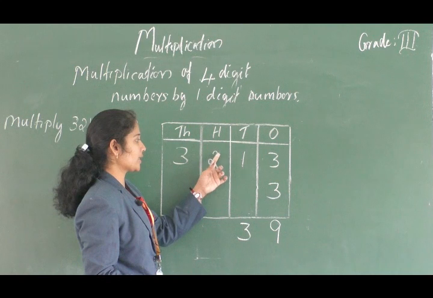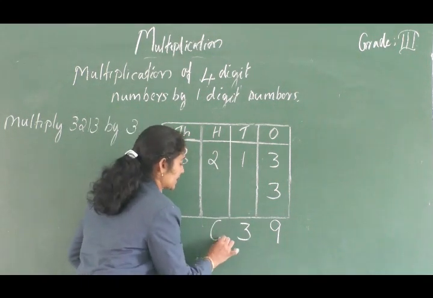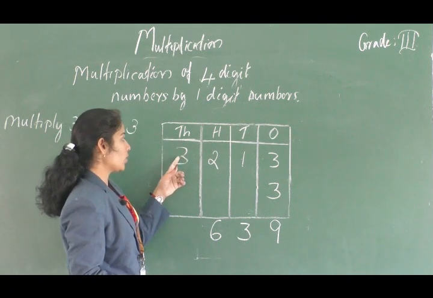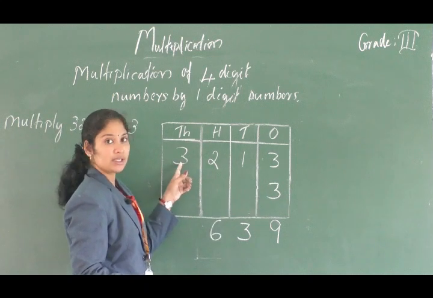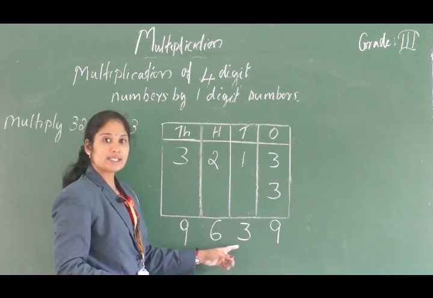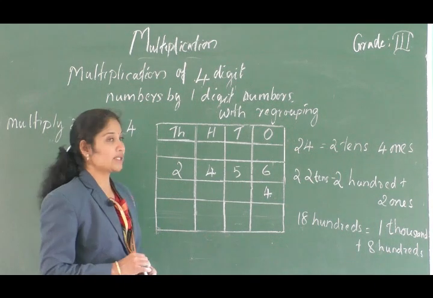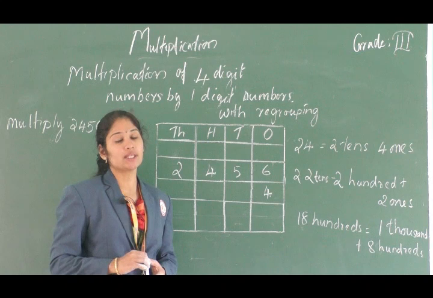We have 2 hundreds. 2 hundreds into 3, yes, 600. So 6. Next which place? Yes, thousands place. We have 3 and 3. 3 into 3, 9. So the answer is 9639.